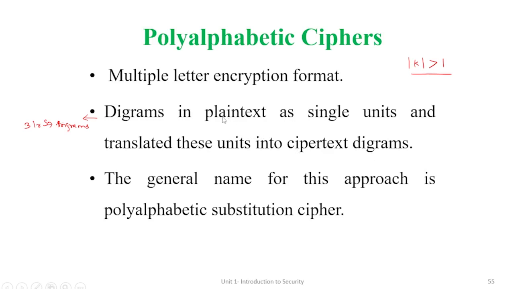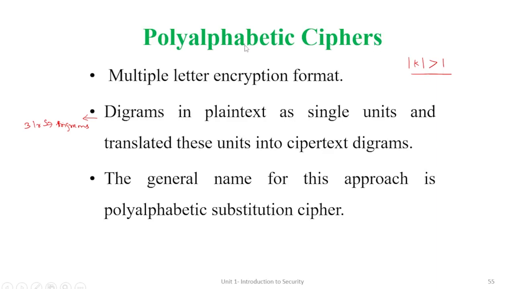If the pair contains two letters of plain text, two letters of ciphertext will be retrieved. If a pair of three letters of plain text is available, then we retrieve three letters of ciphertext. So the number of plain text letters is the same as the number of ciphertext letters. The only condition for implementing a polyalphabetic cipher is that the length of the key should be greater than 1.